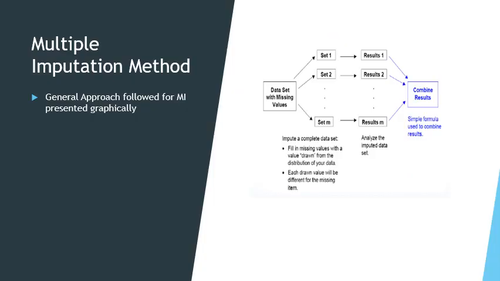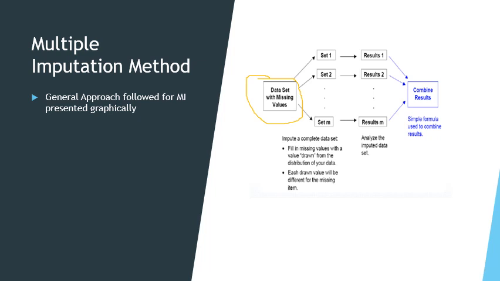Here you can probably get more idea of how the multiple imputation mechanism works. If you can see, we have a data set with missing values.